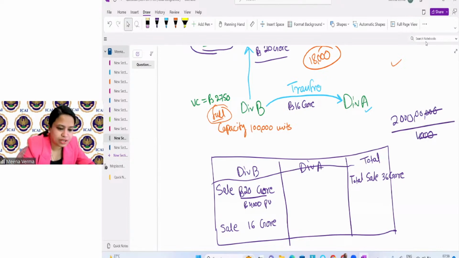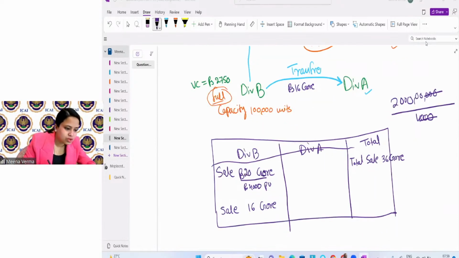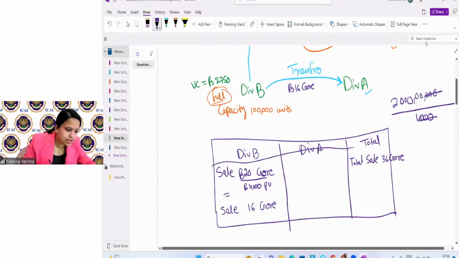ठीक है. Similarly, for the internal transfer also, you can find the number of units you're transferring internally. The number of units is coming as 50,000 units. When you divide it, you will get it easily. So you get that externally you are selling 50,000 units.